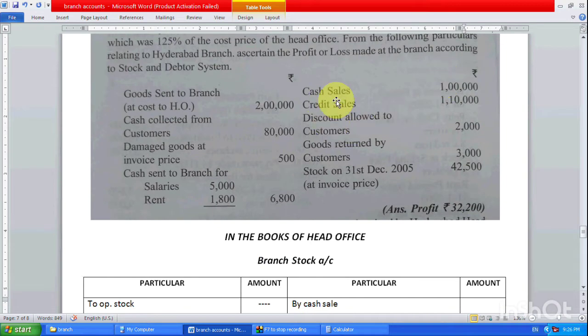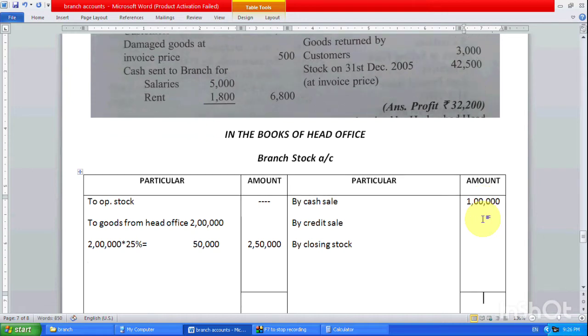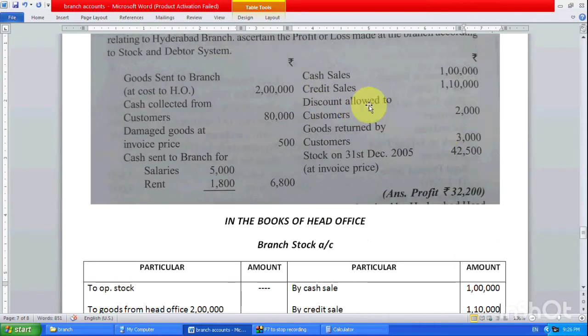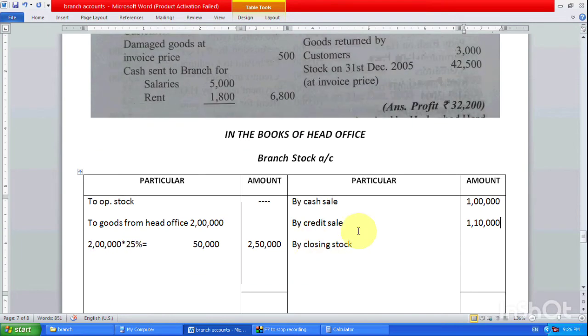See, cash sales how much? 1 lakh, credit sales 1 lakh 10,000. And closing stock is also given here, 42,500. Discount allowed, next entry, and return by customer is there. Closing stock, how much is given? 42,500.